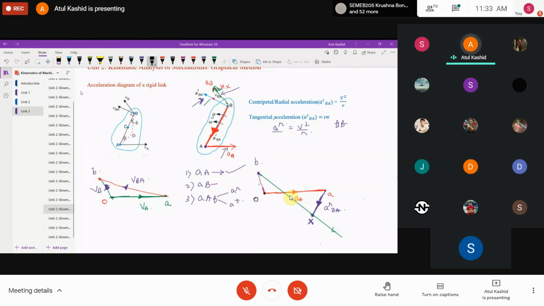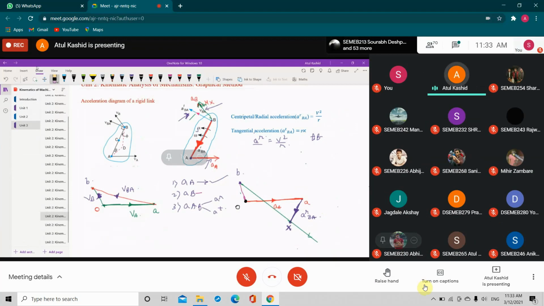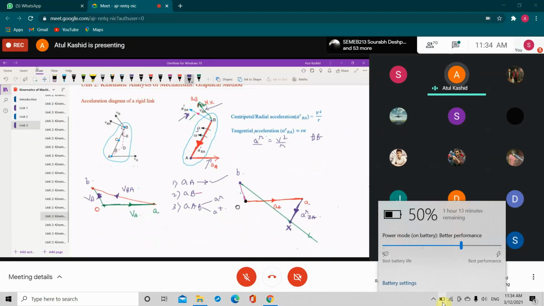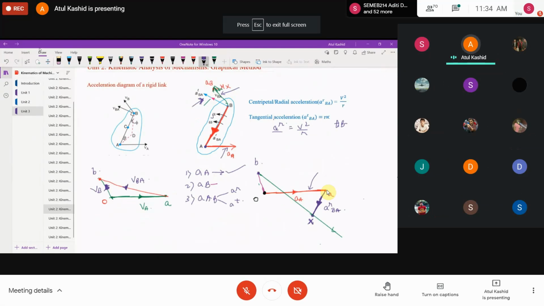We had taken a point O in this space, and then we drew the absolute directions. If you draw the absolute acceleration of A and the absolute acceleration of B first, then it is also okay, right? So first we drew the absolute acceleration of the point A. So this was our absolute acceleration, from O to A, and this denotes the acceleration of A, right?